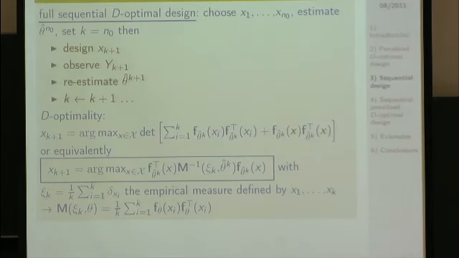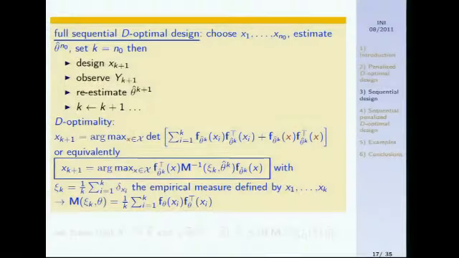How are we sure that it will work? I mean, do we converge to something, and to what? It's not easy, because this design point here depends on the current estimated value of the model parameters, which means that you will observe at a point that depends on the value of previous observations.